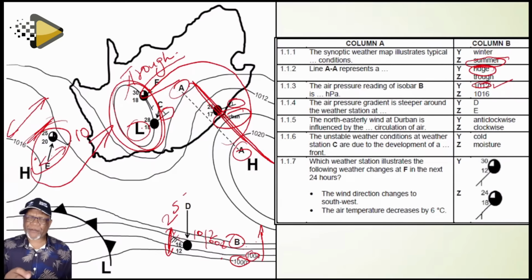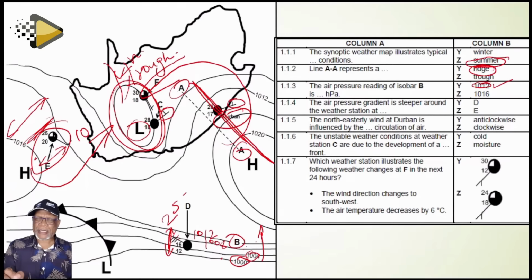So what do we have? This is a trough, and what do you call this trough? We call it a moisture front. It's a moisture front where line thunderstorms are going to develop. So the question is, the northeasterly wind at Durban is influenced by the circulation, anti-clockwise or clockwise.